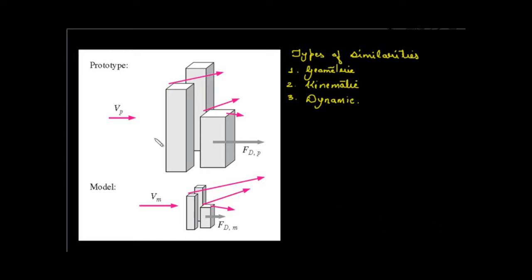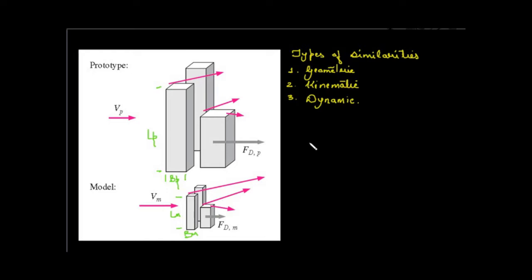So let us say, for example, here you can see a prototype of a building, and let us say its dimensions are, this dimension I will call LP, where P represents the prototype, and I will call this dimension BP. The corresponding dimensions in the model, I will say, are LM and BM.